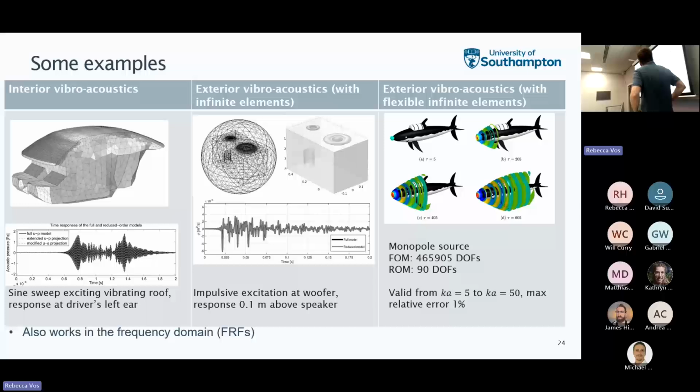For these two models, we also got a reduction where the size of the reduced order model is maybe 0.1% of the original size, while maintaining, in this case I think, 0.1% relative error. So it's quite good. As you can see here, the transient response is basically indistinguishable from the full order model response. Yeah, so that works quite well.